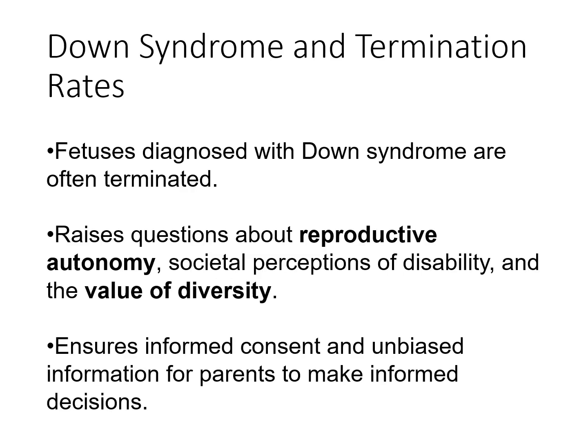In the U.S., about 67% of pregnancies diagnosed with Down syndrome end in termination. In Iceland, nearly all such pregnancies are terminated. This has sparked global debate over how prenatal genetic information is used and whether societal attitudes toward disability are becoming increasingly negative.